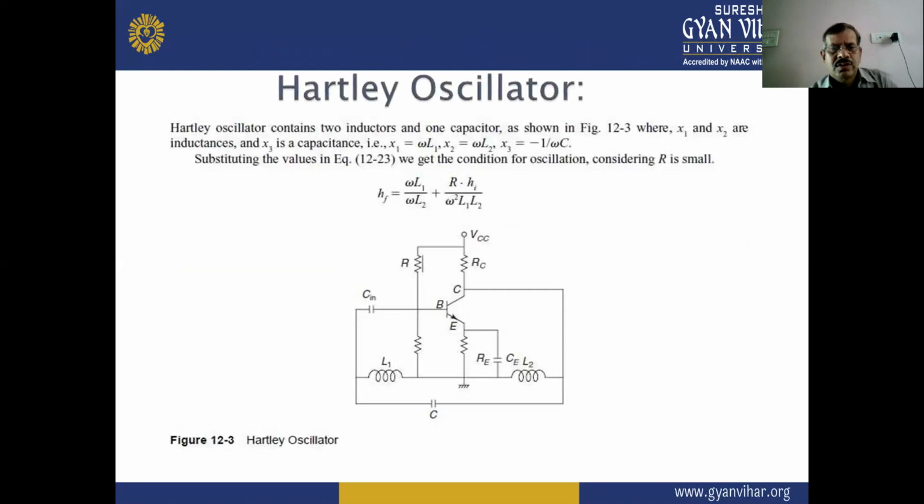The first type of oscillator is the Hartley oscillator. Here is given the circuit diagram of the Hartley oscillator. The Hartley oscillator contains two inductors, L1 and L2, as shown in the figure, where X1 and X2 are inductive reactances and X3 is a capacitive reactance.